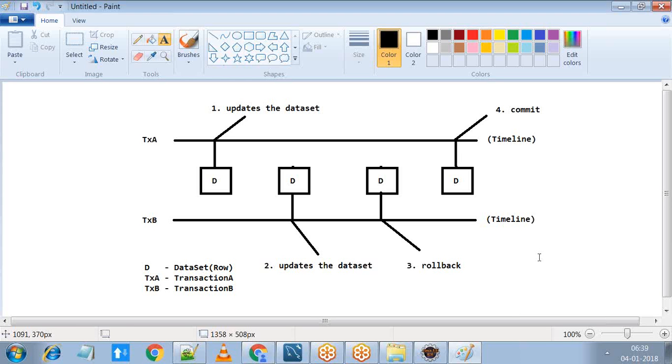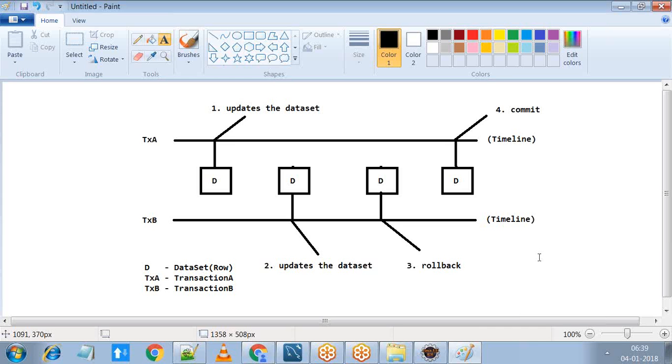Let's say transaction A is doing an update here, and on the same data set, transaction B is also performing an update. After transaction B performs an update, it rolls back.